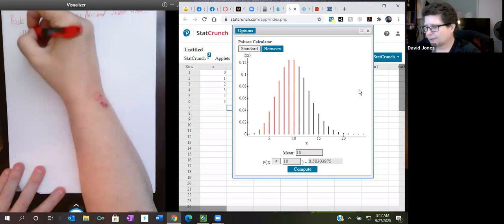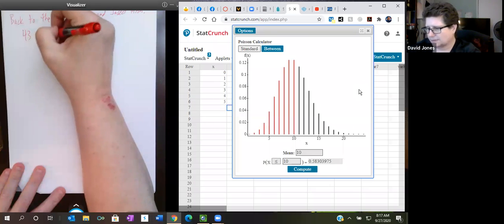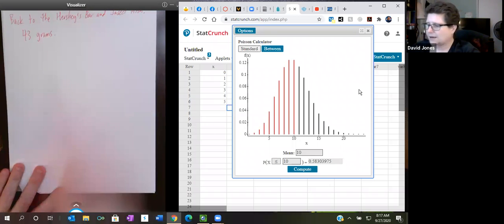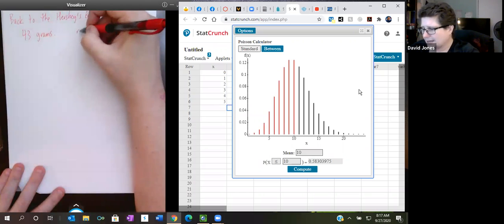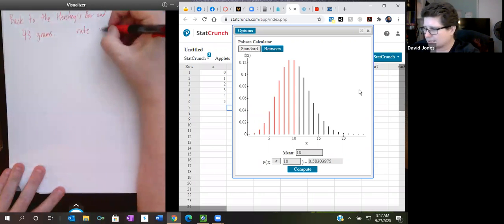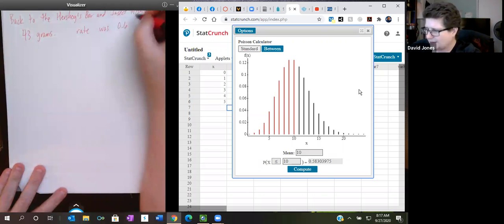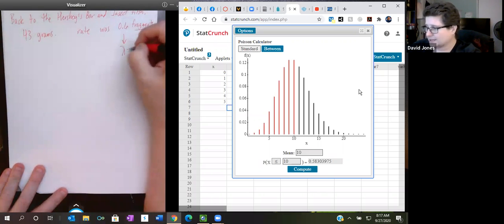There was 43 grams. The rate was 0.6 fragments per gram. That's my lambda. Lambda is 0.6.